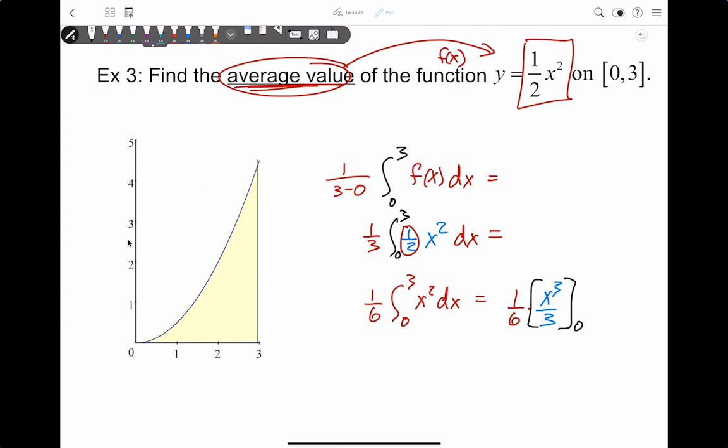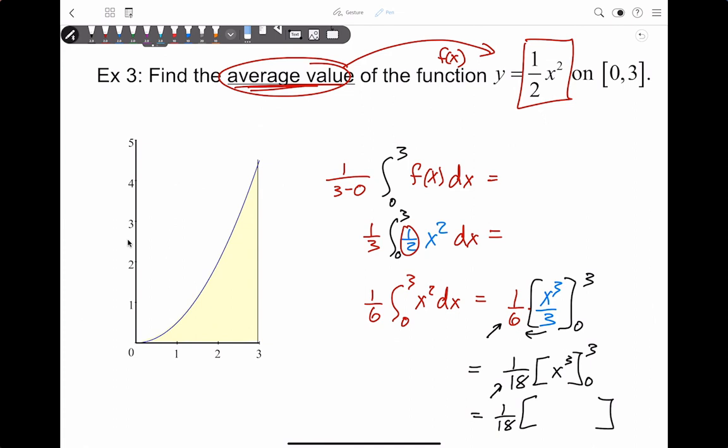In fact, what I would probably do from here is constant multiple rule this 1/3 out, so it's 1/18 and then only x cubed, so that I work with the constant only one time. Then I would have 1/18 multiplied with 3 cubed minus 0 cubed, which is just 3 cubed, which is 27.